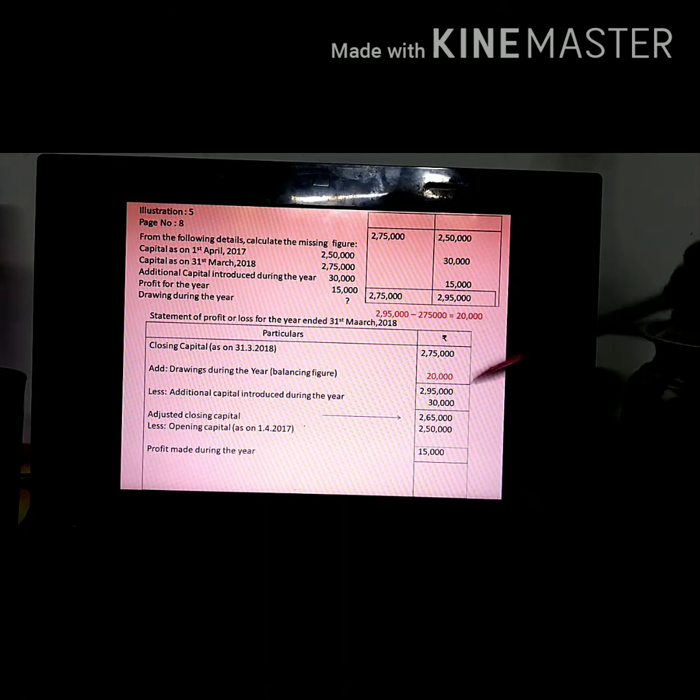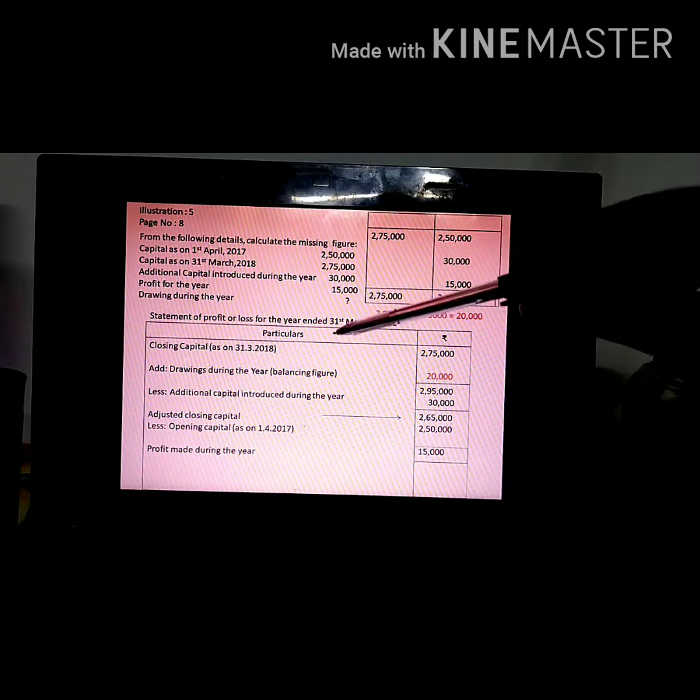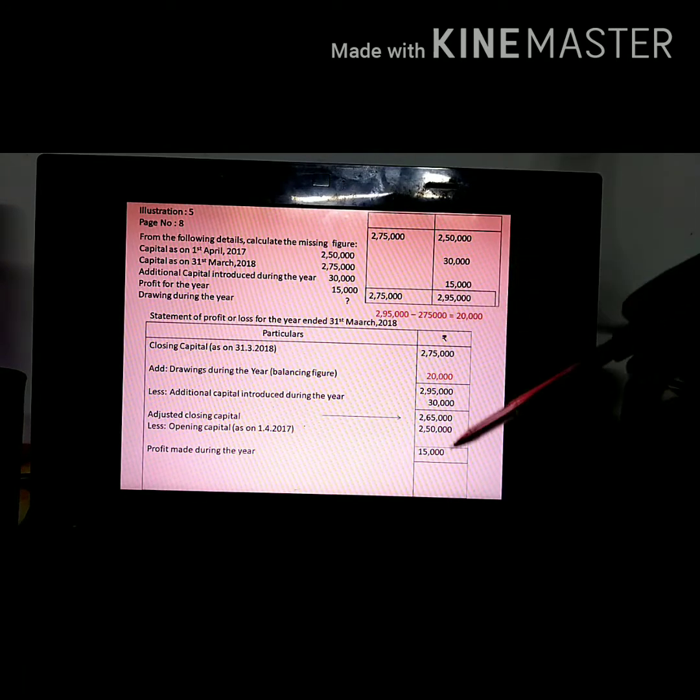So once you find out the missing information, you can fill up all the entries in your format and easily find the answers. Likewise you have to prepare and find out the missing information. If you have any doubt you can ask me. Now work out an exercise problem.